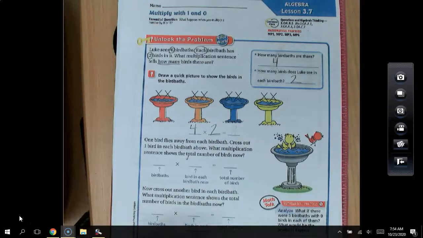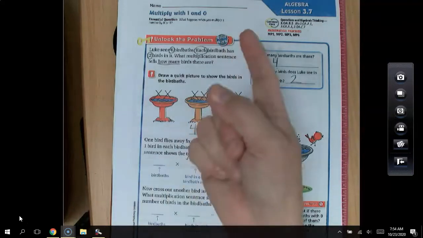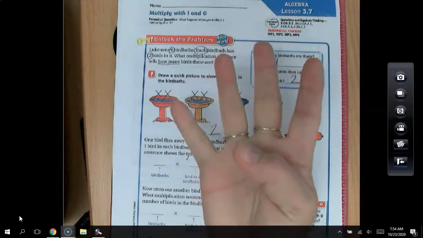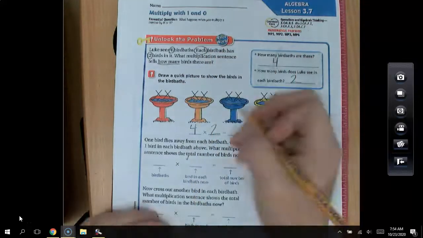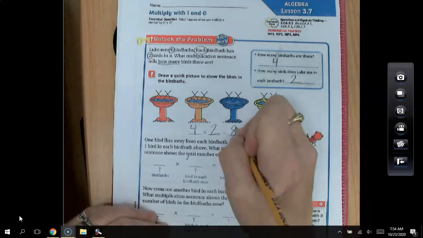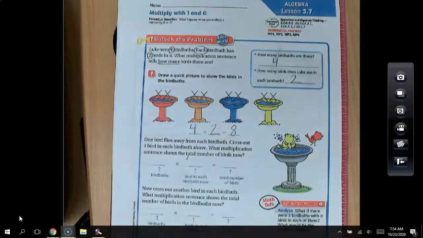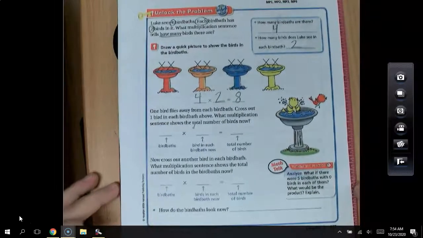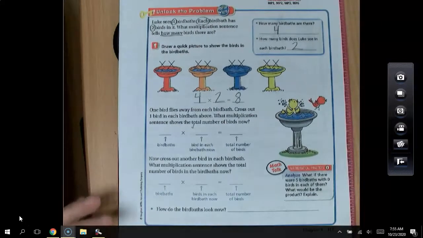Well, I could count those X's up, or I could count by 2's. 2, 4, 6, 8. 4 times 2 is 8. Great job.